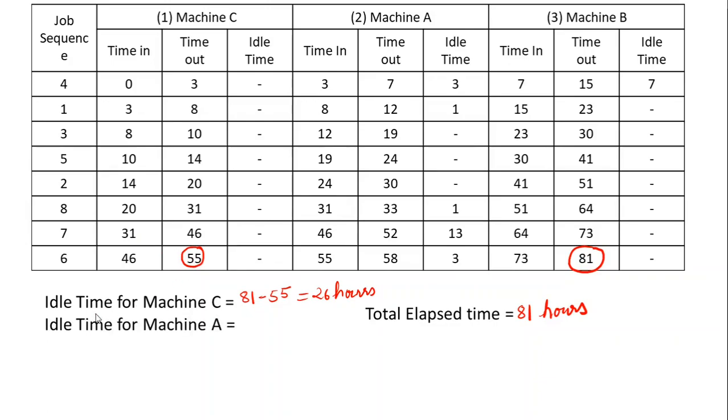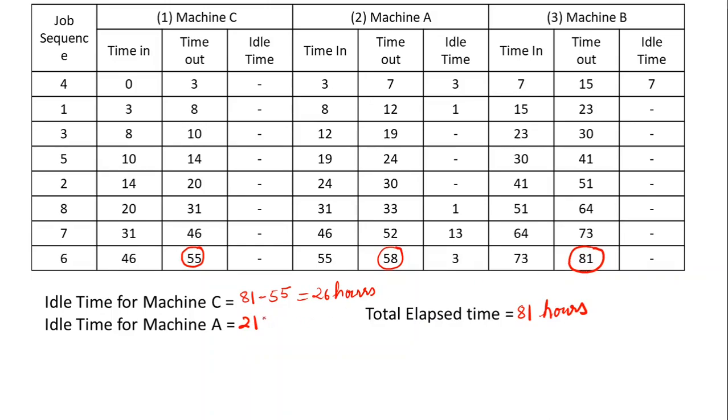Based upon this, now we are going to calculate for mission A also. When calculating for mission A, we have to be a little bit careful. So here 3, 1, 4, 4, 1, 5, and then here we have 13 and 3, so it is 21. But 21 is not the exact answer, because here 58 is the closing time of all the jobs done with mission A, whereas the process ends at 81.